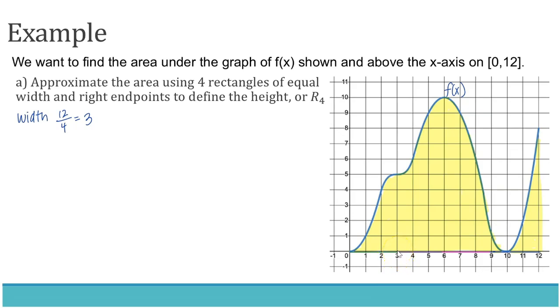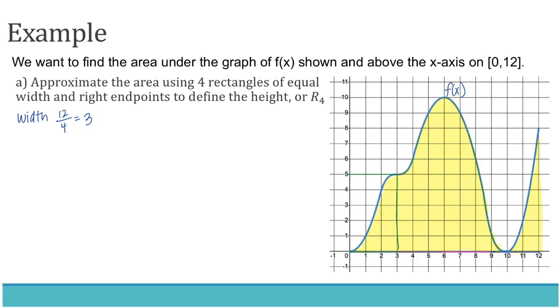So to find the height of that first rectangle, I'm going to go to the right side, 3, and find the function. So the function is located at the x value 3 at the y value 5. So that's going to define the height of my first rectangle.